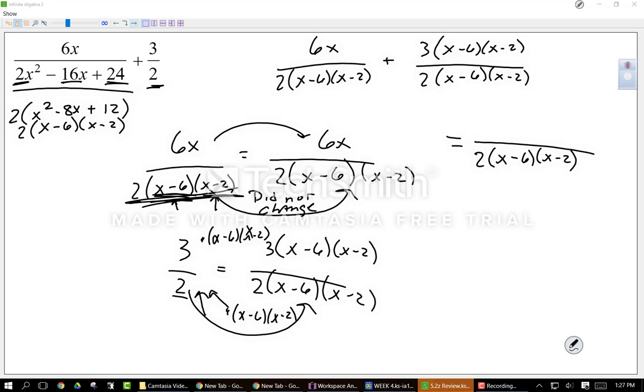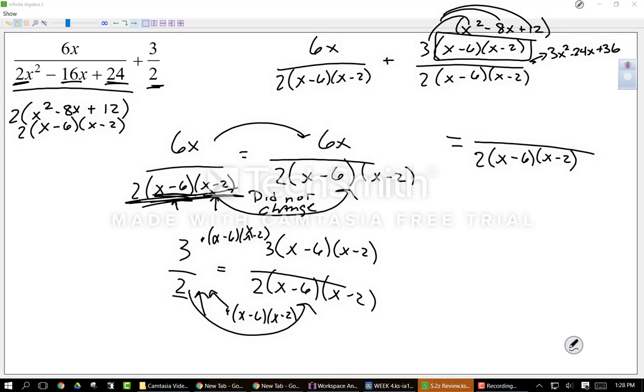That's easy. But my numerator is going to change. What do you mean? I have to make a box with x minus 6 and x minus 2, or you do that in your head if you can. That's x squared minus 8x plus 12 being multiplied by that 3. So that's really 3x squared minus 24x plus 36.